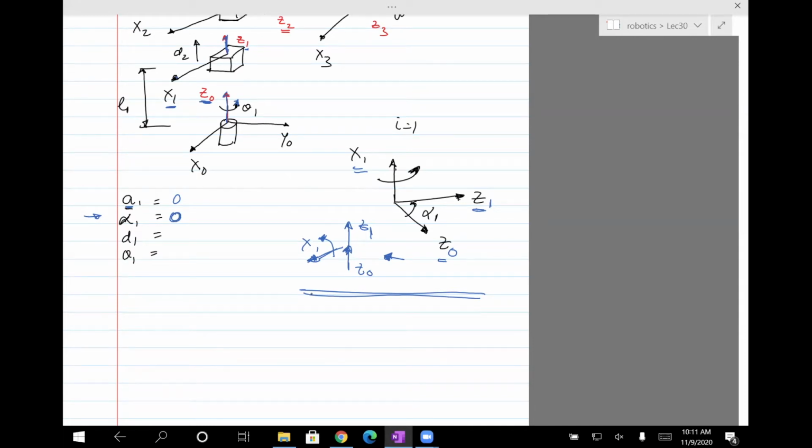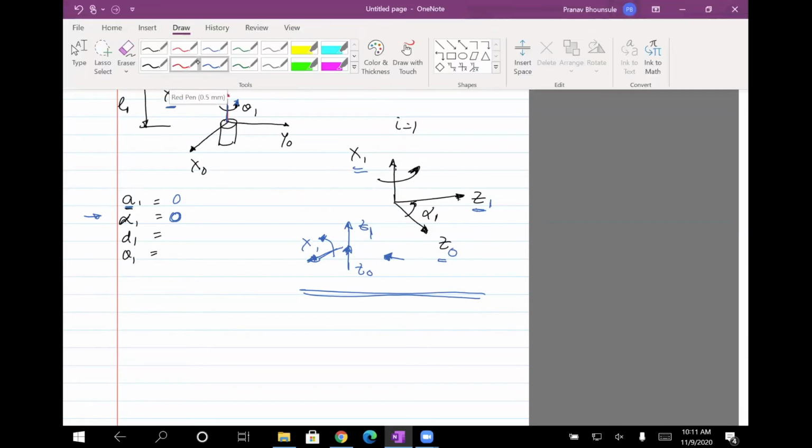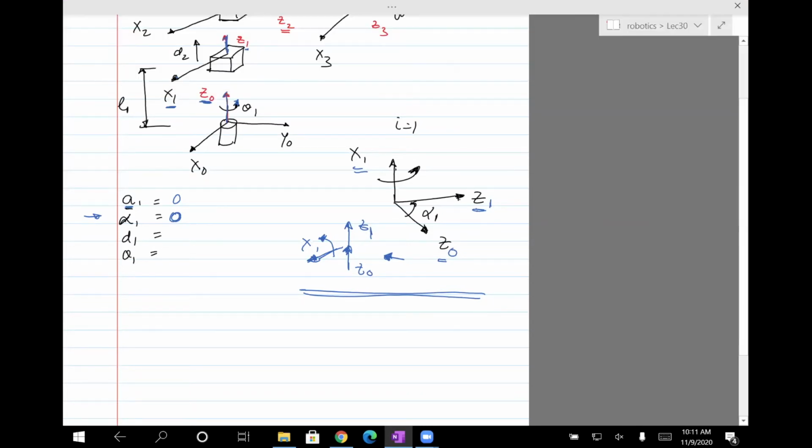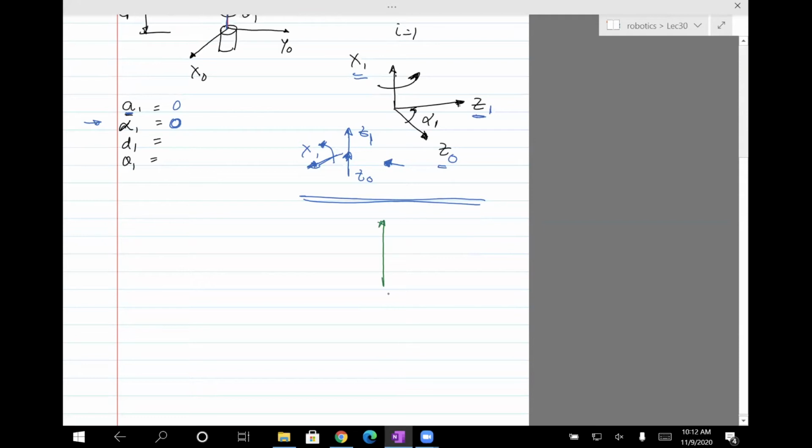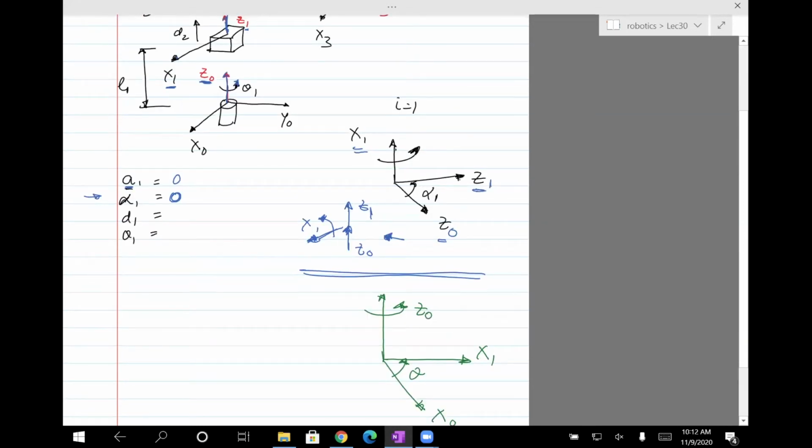Let's move on to the next part. So I put i equals 1, so x1, x0, theta, and we have angle z, i equals 1, so z0. This is again using page 3 in the handout.